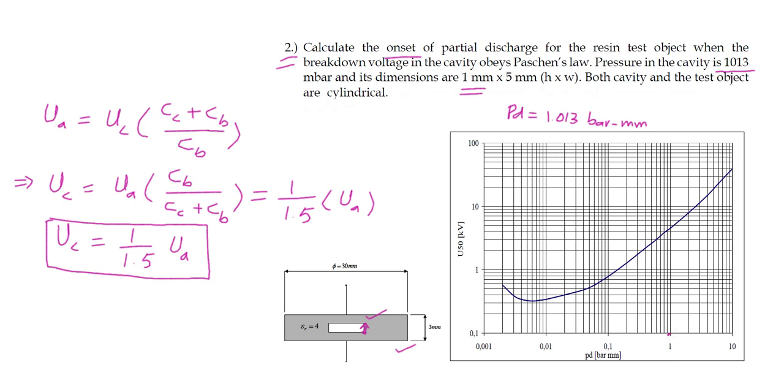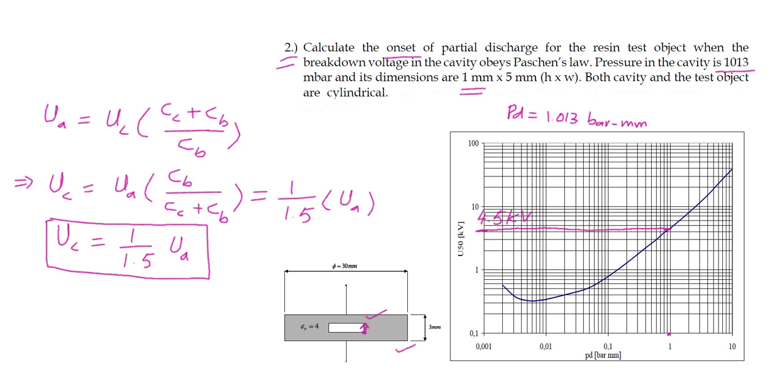We will find the value of the breakdown voltage for this point. We will get approximately here, which is 4.5 kilovolt. What is this? This is the breakdown voltage of the cavity, or where the cavity collapses.